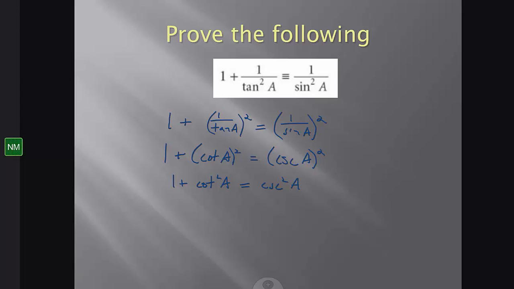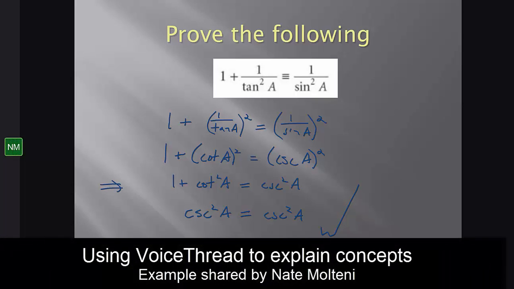If you remember the last slide, then you remember that 1 plus cotangent squared a is in fact cosecant squared a. And remember, the proof is not done until the two sides are identical. With the two sides identical, and in this step using the Pythagorean identity, that's how we got to the correct answer.